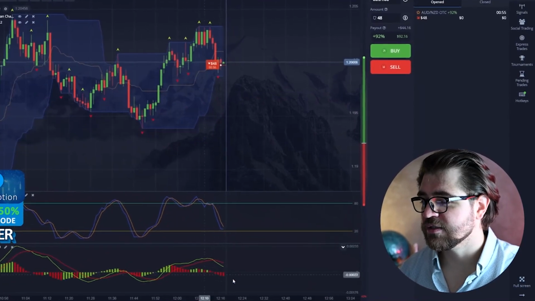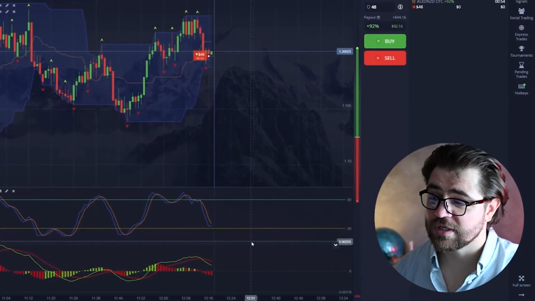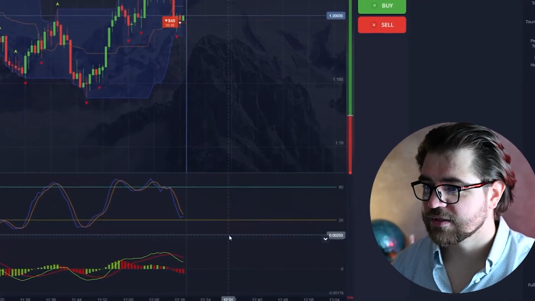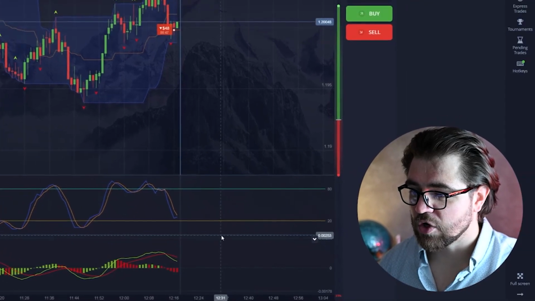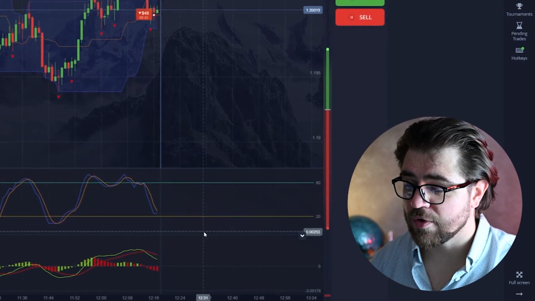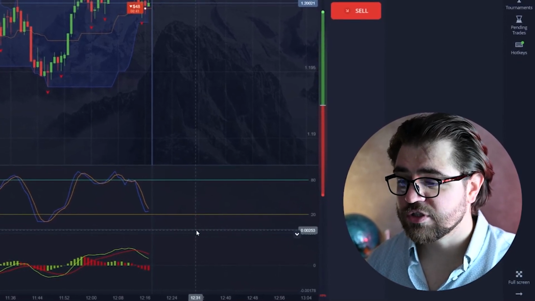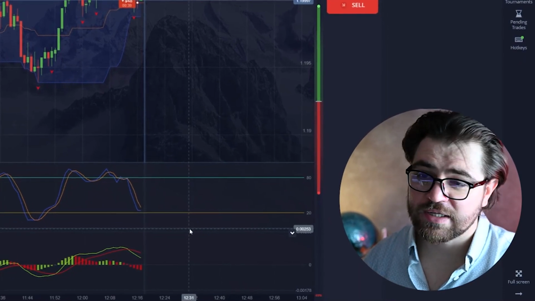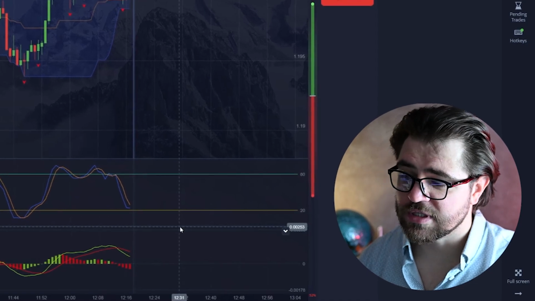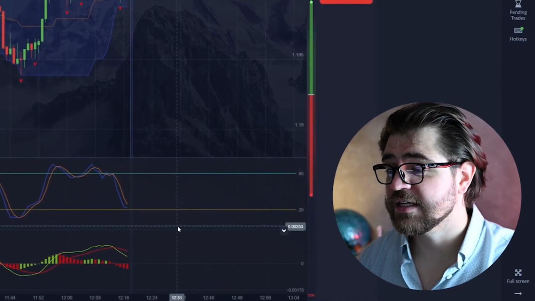Here and here, as you can see, the two oscillators that I have are a stochastic oscillator and MACD. Although they both have moving averages incorporated into them, they act differently, and first of all they have different settings. I keep them at default here, and they work pretty well actually.